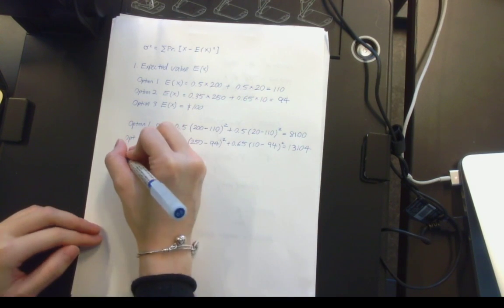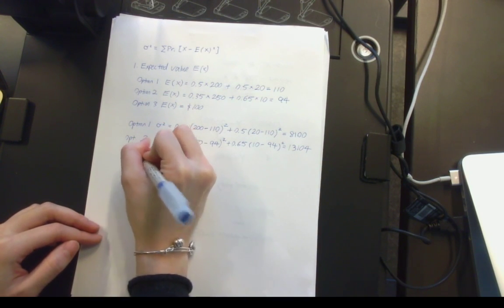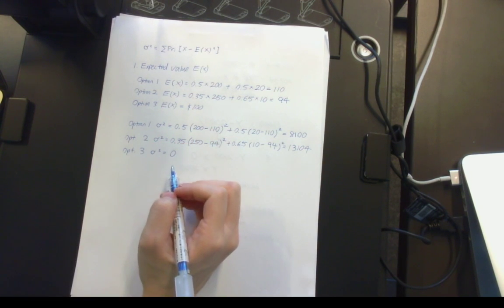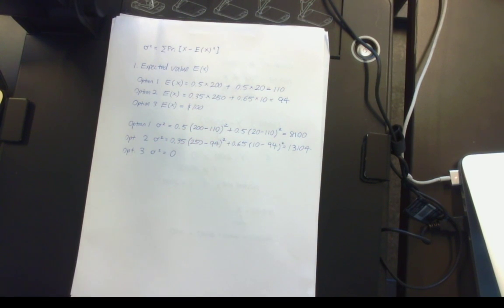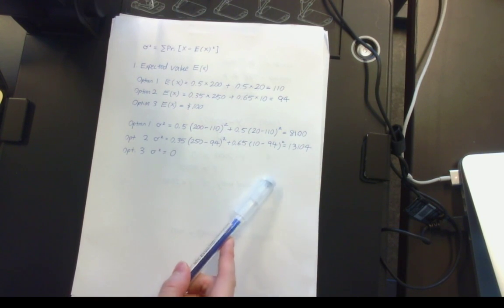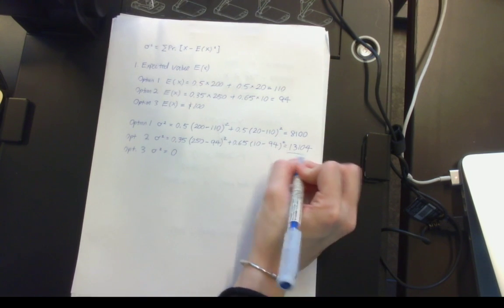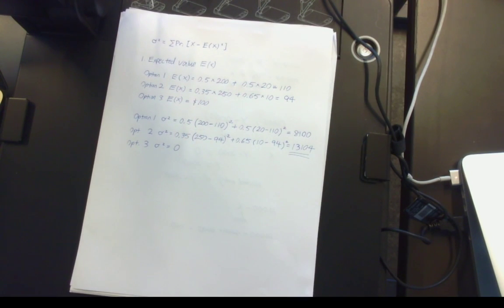Option 3 is very simple. You have a variance of 0 because you are getting it for certain anyway. So out of all these options, the one with the highest variance has the greatest risk. So it is option 2 that has the greatest risk.